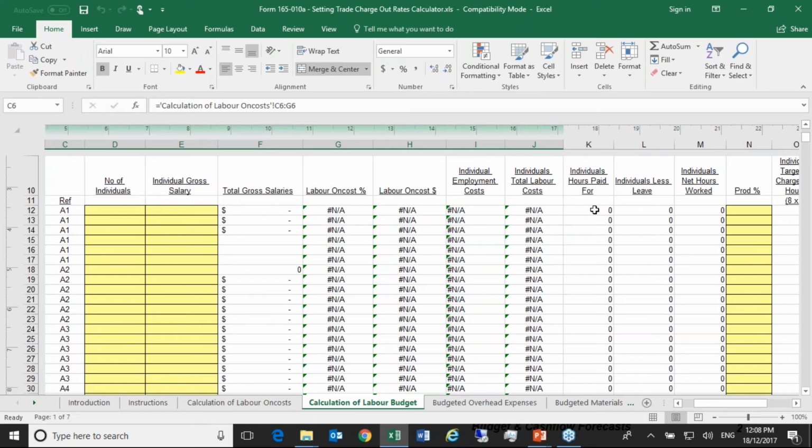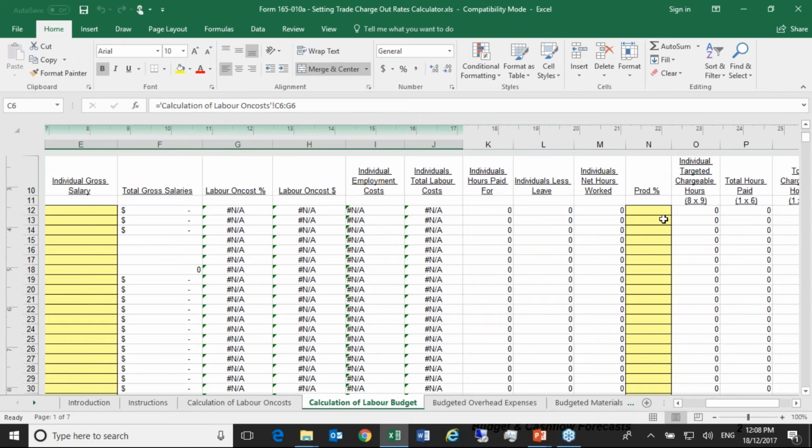But then the variations from a retail budget will be that obviously work hours are very important for us, so that we would require you to insert, and you would get this information from your client, the individual hours, less leave, and the individual network hours, and then you would need to insert the productivity percentages for each classification.